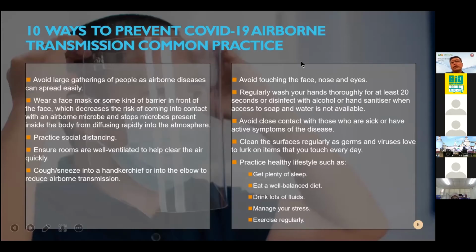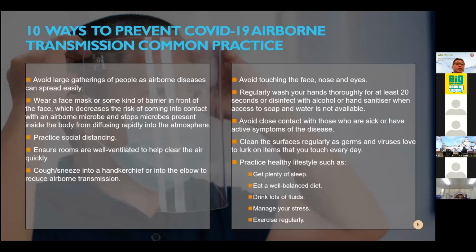So, okay, let me share some ways or methods to prevent COVID-19 airborne transmission. This is common practice. This SOP provided by KKM or DOSH is a standard practice already. I guess everyone should know.